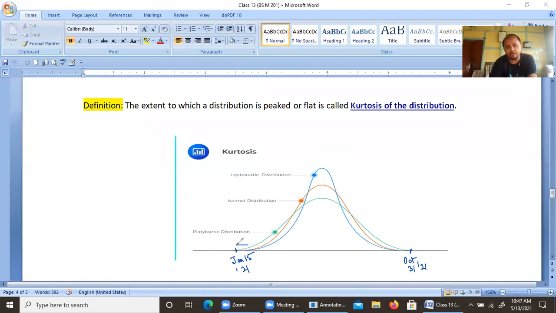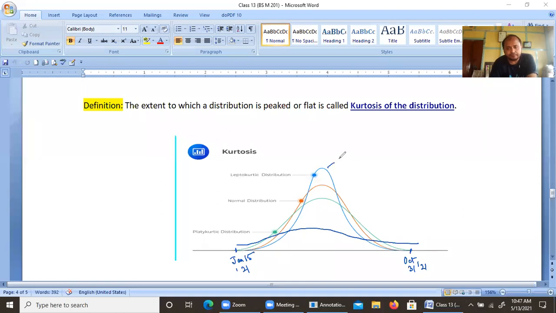For the sake of better understanding, I'm drawing another curve like this. Let us not consider this green colored curve, because I don't think it is a flat curve. This picture is not correct. Instead of this curve, you can consider this one. This is the flat curve, although my drawing is not good. Suppose this particular picture shows the statistics of the COVID affected people from January 15, 21 to October 31st, 21 of three different states.